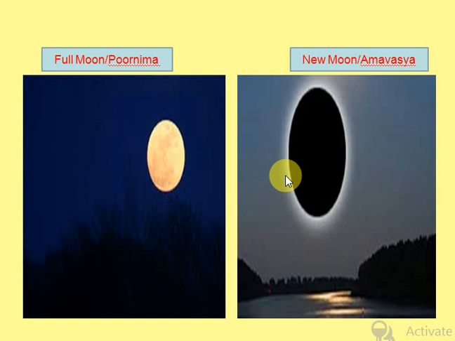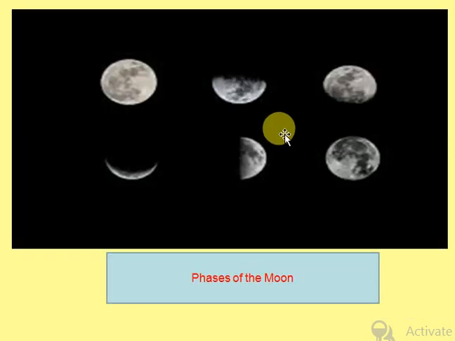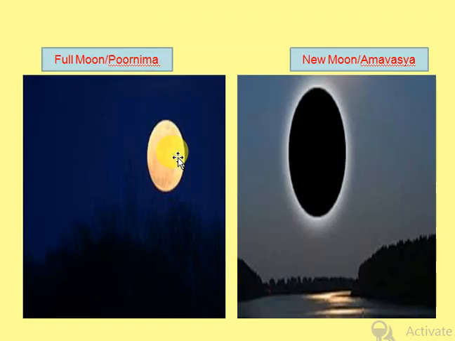A week later, the half moon of the first quarter phases occur. Look at the picture carefully. Almost a fortnight later, the moon looks like a round disk. It is now called the full moon or Purnima.